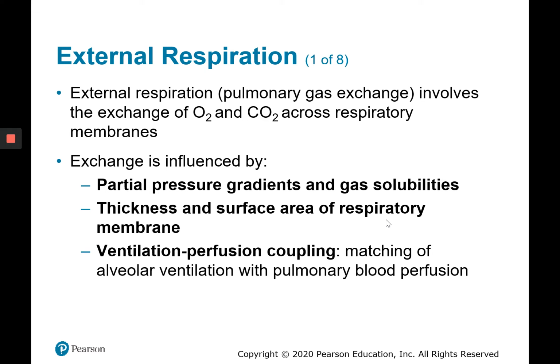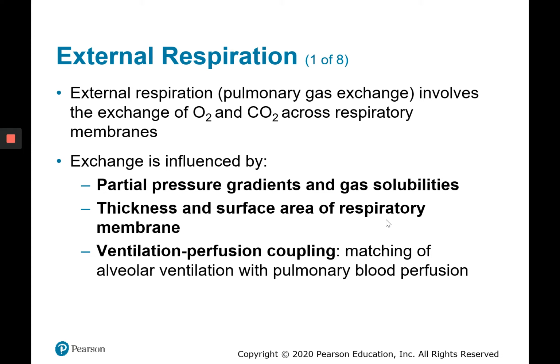Oxygen will go from the alveolus or airspace into the blood, and CO2 will move from the blood into the alveolus or airspace. Both of the respiratory gases are moving across a respiratory membrane, which is very thin and made up of alveolar endothelium, capillary epithelium, and a fused basement membrane.